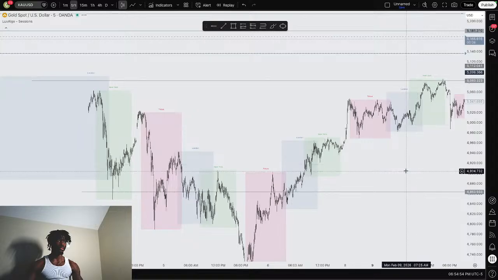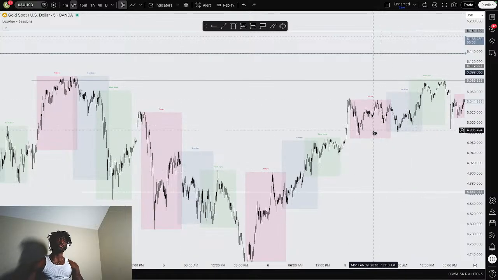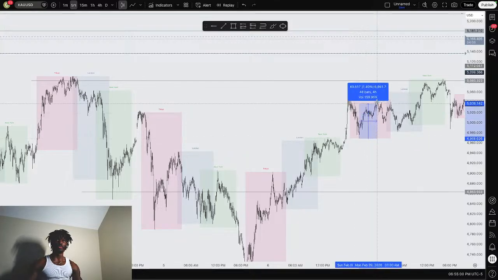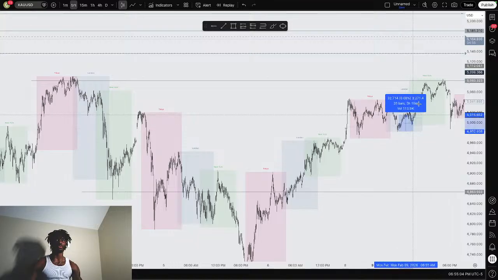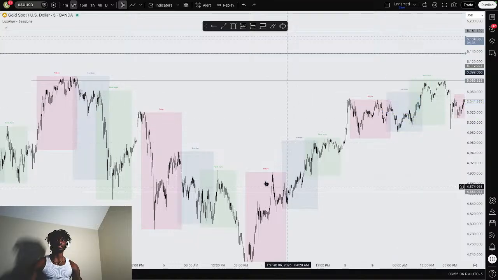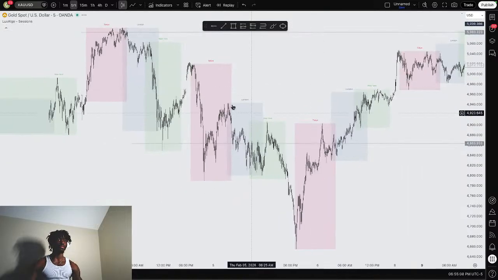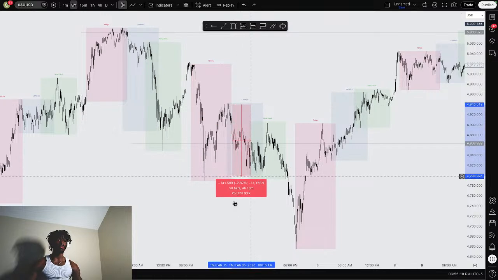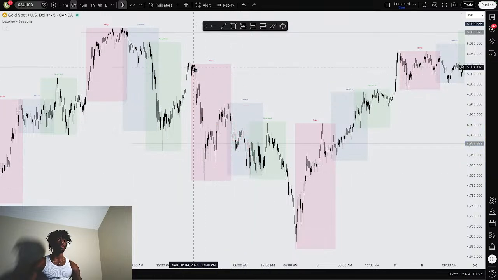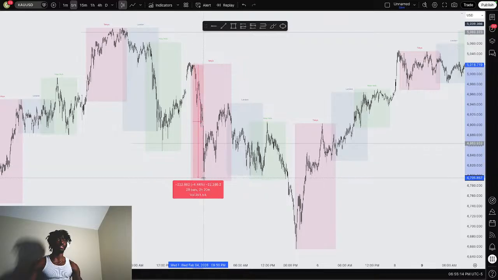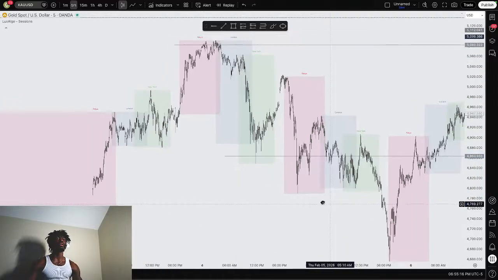Gold on average moves 300 pips every single session. I'm only looking at Asian sessions because Asian is usually the slower session. 700 pips. London session, 700 pips. 1400 pips. Asian session, 2000 pips.